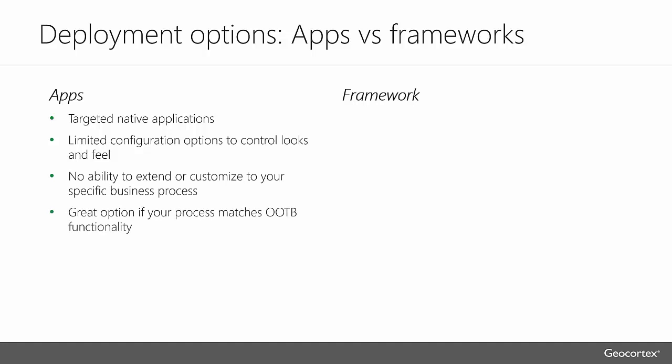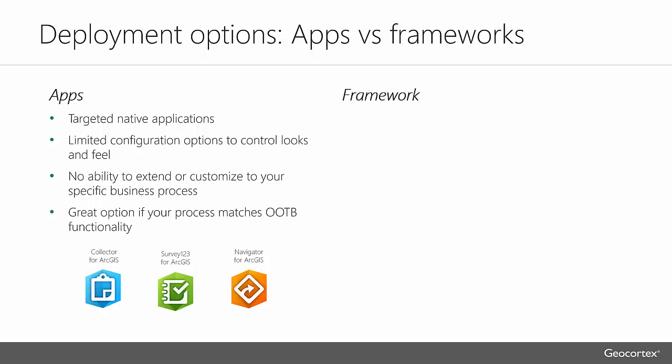There's not typically the ability to extend or customize your specific process or integrate other systems or anything like that. But it's a great option if your process matches what's out of the box from that tool. Some common apps that you might see that fit under this app category: commonly used ones are Esri's Collector, Survey123, or Navigator.